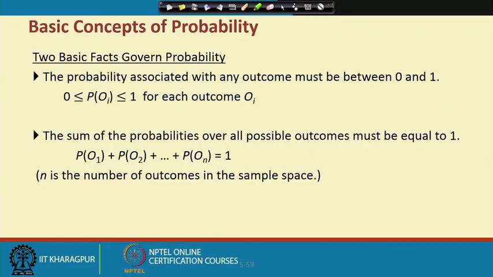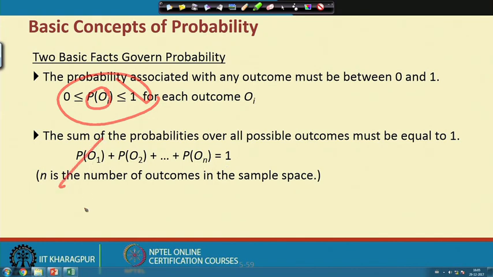So, this is the concept of probability. Here, this is the probability of occurrence, and it stands between 0 and 1. 0 means no occurrence, but 1 means it is fully predictable. Then the sum of the probabilities is exactly equal to 1.